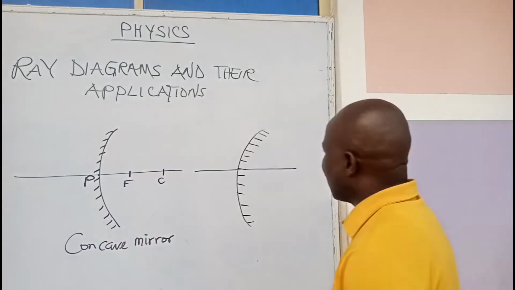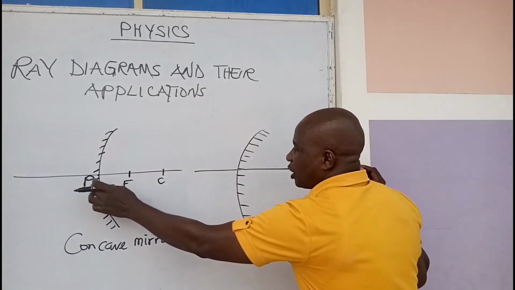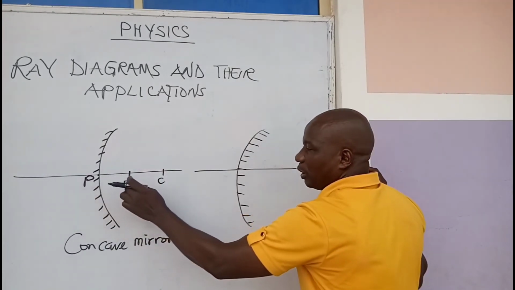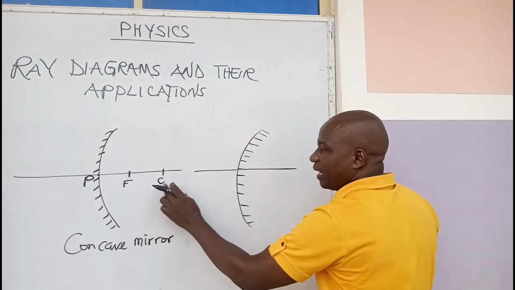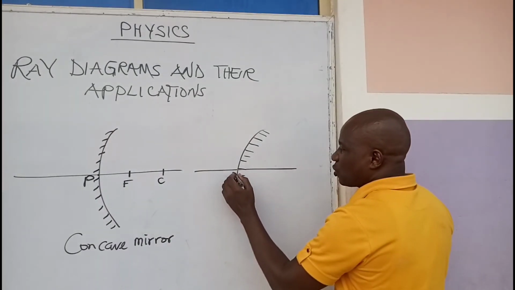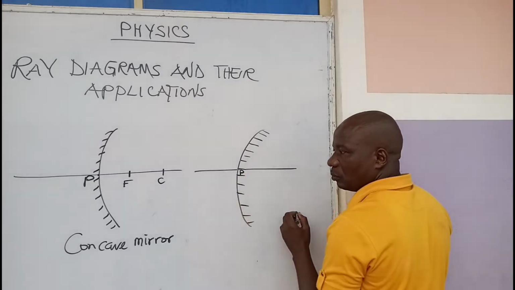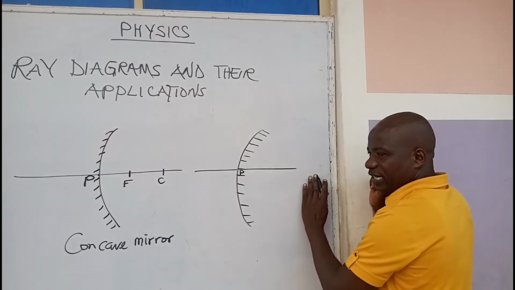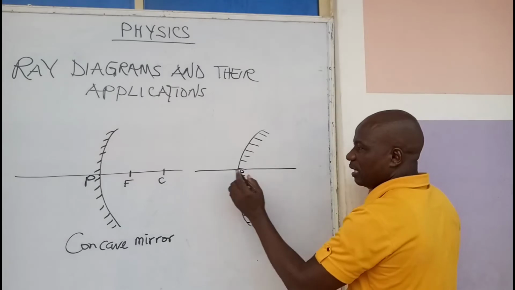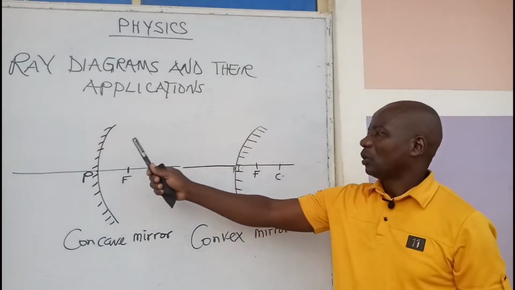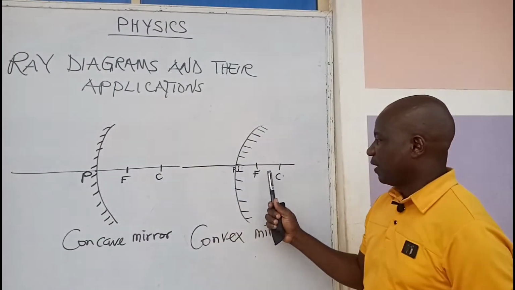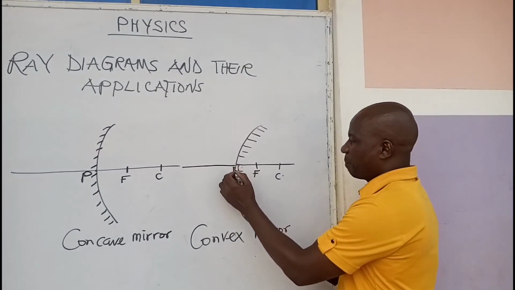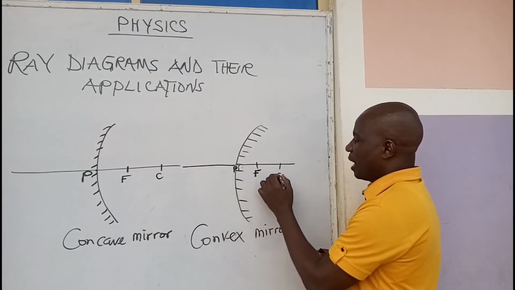Now, as I said, just as this one has the pole, the principal focus, and the radius of curvature, so also this one has the pole. Remember, I do not have anything here. This is the painted side. Now, our concave, our convex. So we have our P, we have our F, and we have this.